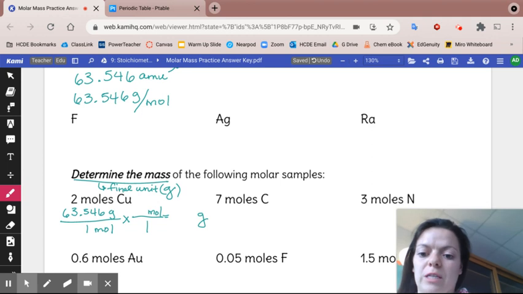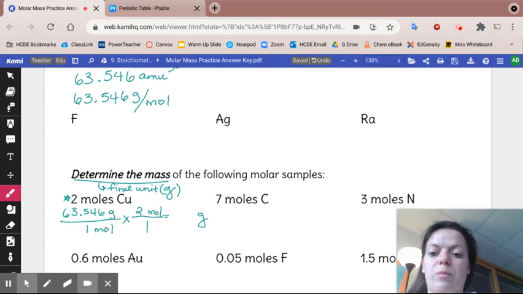Okay, this is just going to be over 1. We don't need any units at the bottom. We're already canceling out moles. And my problem tells me that I have 2 moles. So I'm going to then multiply across the top and multiply across the bottom. I can cancel out my moles because we have 1 on the top and the bottom.